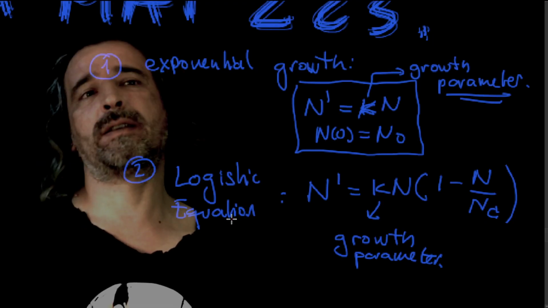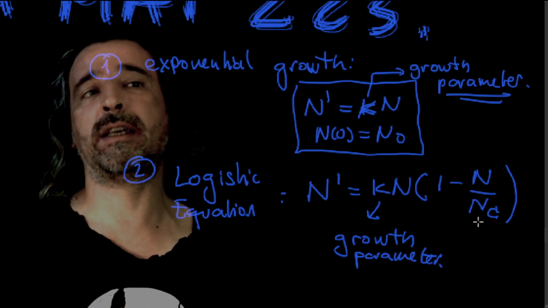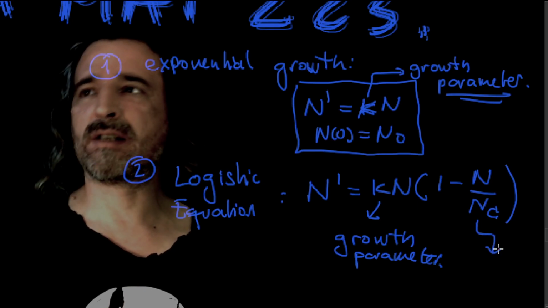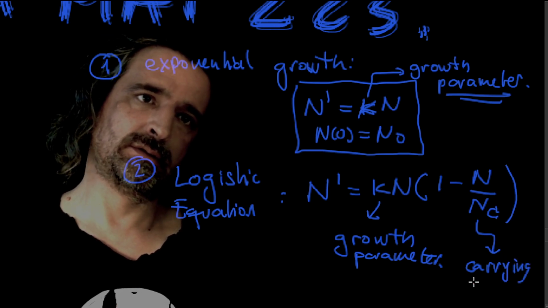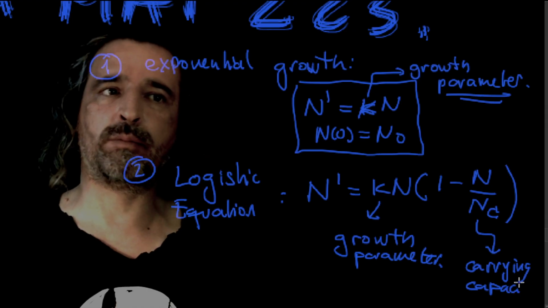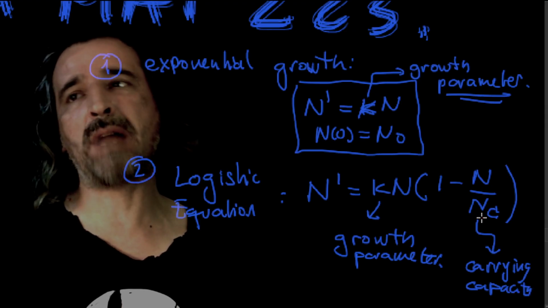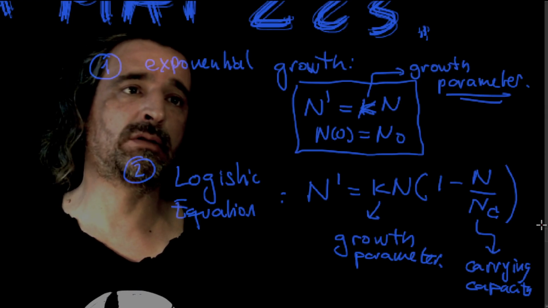Well, in any case, k is a growth parameter, and then here N_C is called the carrying capacity. Now, in ecology, this is important because this is the maximum sustainable population.